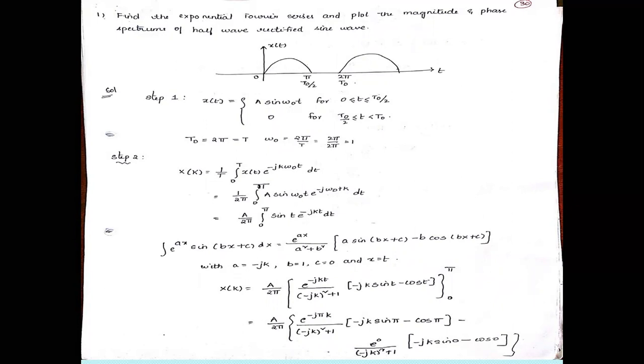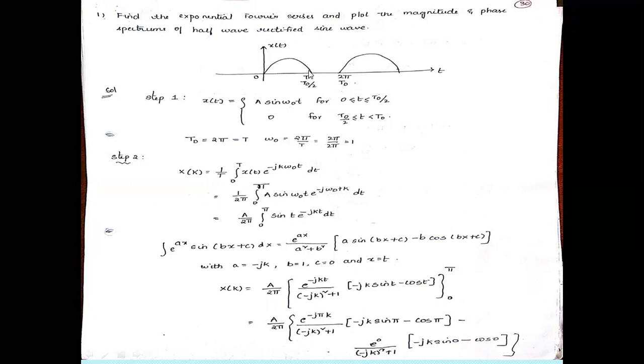Any of the examples. Okay, you see here: find the exponential Fourier series and plot the magnitude and phase spectrum of a half wave rectified sine wave.